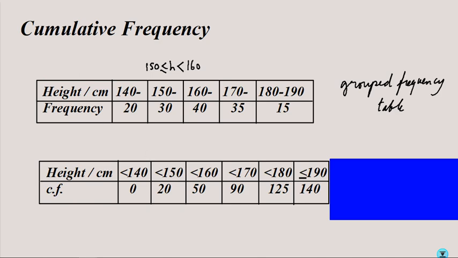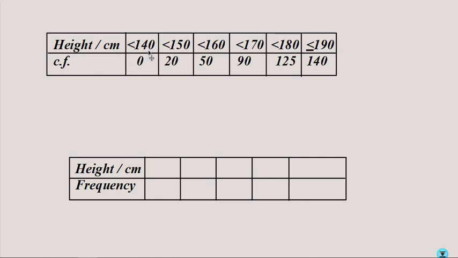To do it the other way around, if this is the cumulative frequency table, how do we go to the frequency table? In this case, it's obvious that we begin at 140 to 150. You may write it in this form, or you may decide to write it as 140 is less than or equal to the height, which is less than 150.